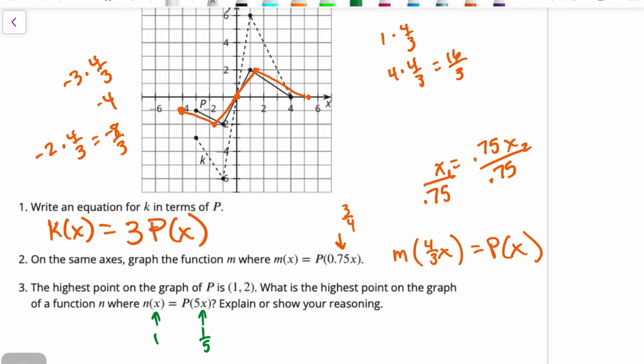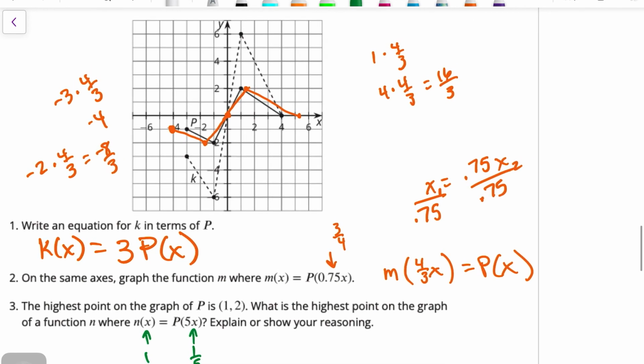So if we look at that value, our P of 5x would be kind of right here, because remember your y doesn't change, so that's still the highest point. So you would have 1/5, 2 would be that highest point, because the y values aren't changing. You are stretching across the x-axis, actually this one's smushing because it's a factor of 5.